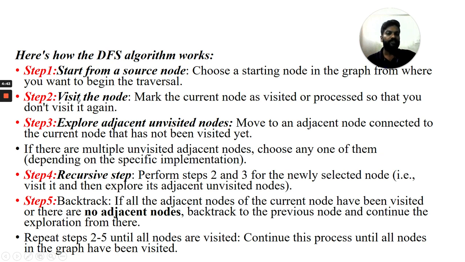Step two is to visit the node: find the adjacency nodes of that source node, then directly visit that node. Then for the connected nodes, you visit all the adjacency nodes and explore all the nodes of that graph. That is based on depth first search.